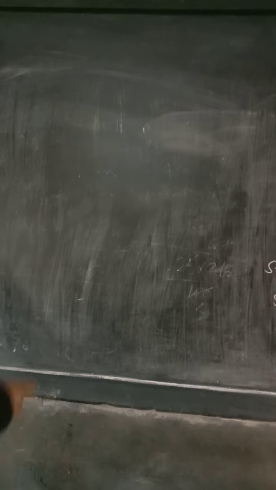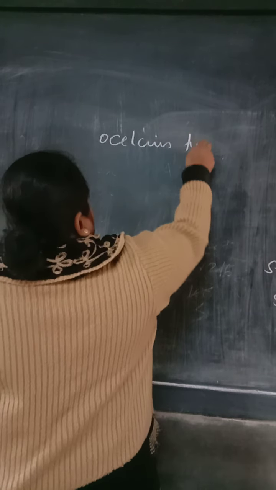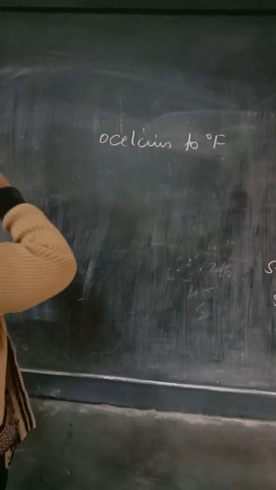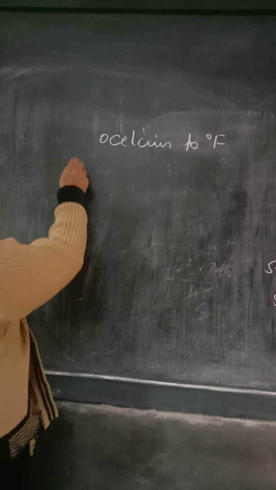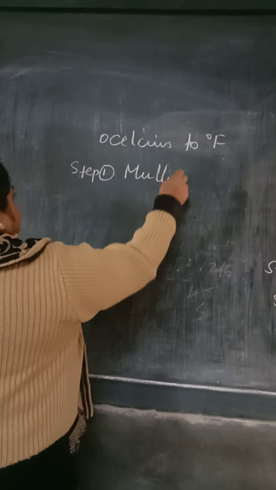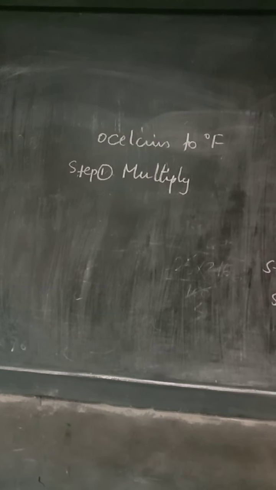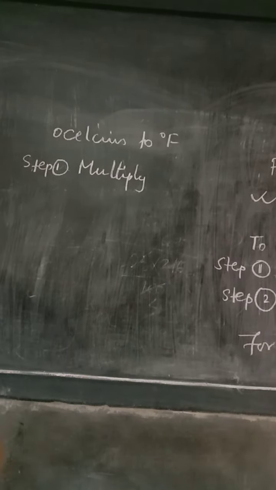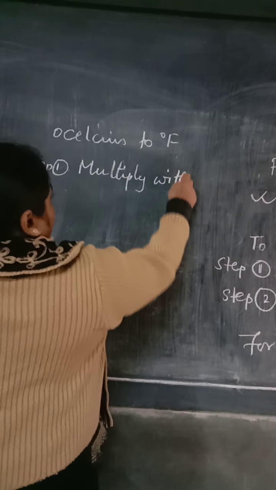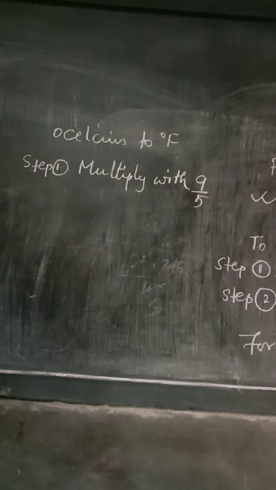Now, if you have to convert from degree Celsius to degree Fahrenheit, what do we have to do? First of all, step 1, multiply with the opposite, 9 by 5.